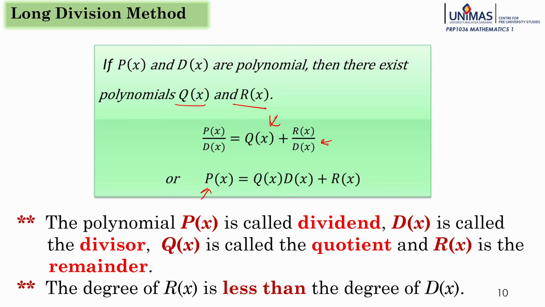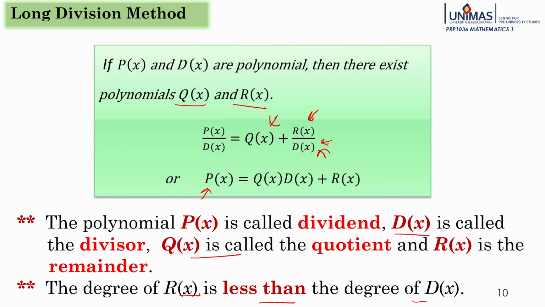The polynomial p(x) is called the dividend, d(x) is called the divisor, q(x) is called the quotient, and r(x) is the remainder. The degree of r(x) is less than the degree of d(x). Okay, the degree here must be less than the degree here.